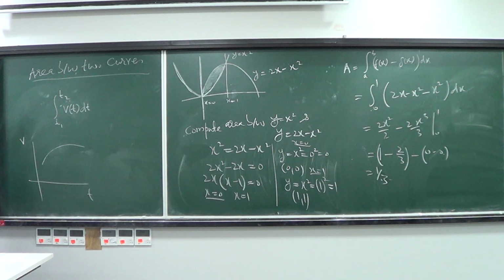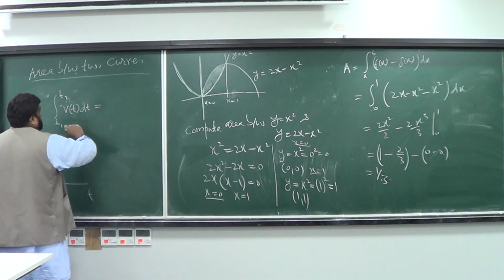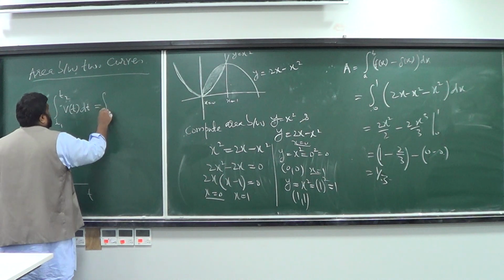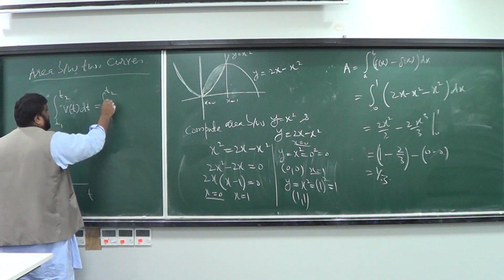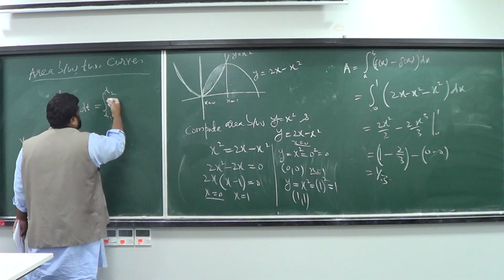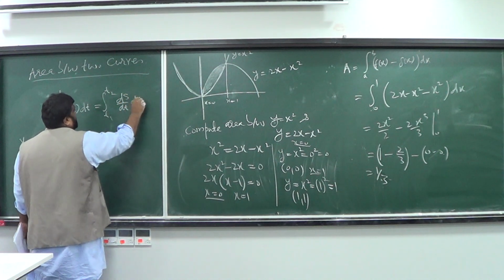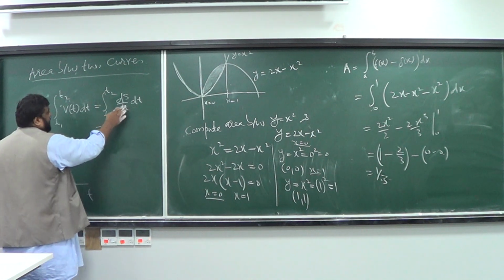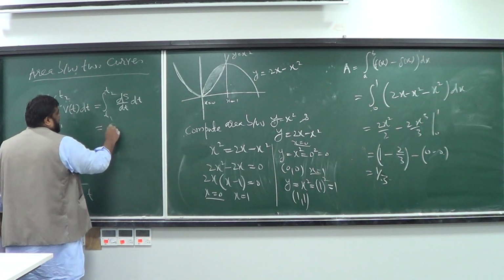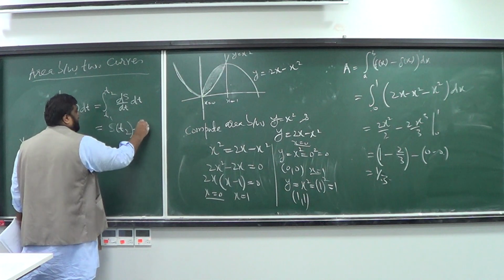We saw previously, by the fundamental theorem of calculus, that the velocity is ds by dt, the change in displacement with respect to time. So when you compute this, you're going to get s of t2 minus s of t1.